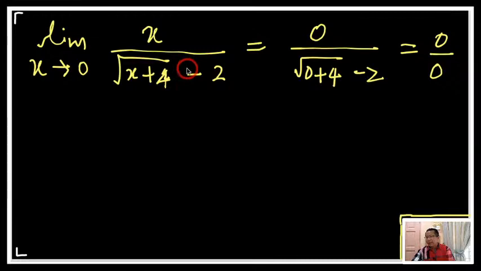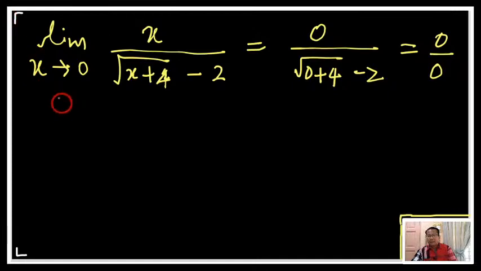So what you need to do is rationalize the denominator of this function by multiplying it with the conjugate. If you multiply the conjugate to the denominator, you have to multiply the conjugate to the numerator as well.